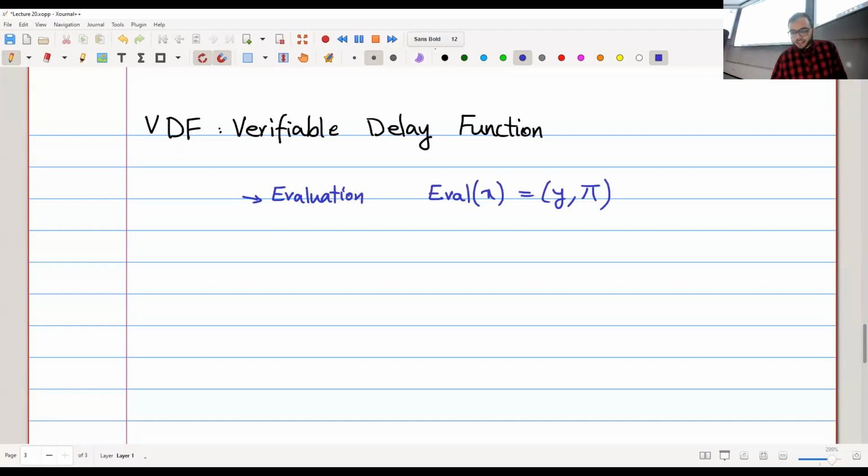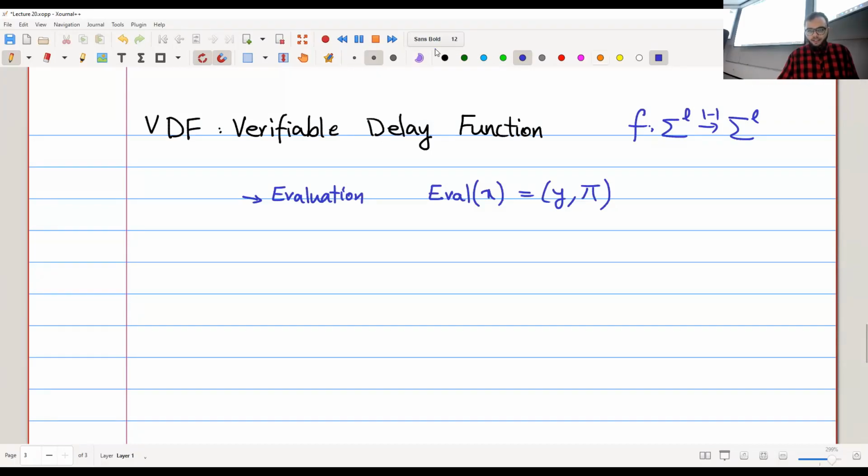Okay, so let's say that I have a function f, and this maps my strings to strings. Let's say that I have a fixed length for my strings, and this is, let's say, 1-to-1. So when I do the evaluation, I get two things, y and p.